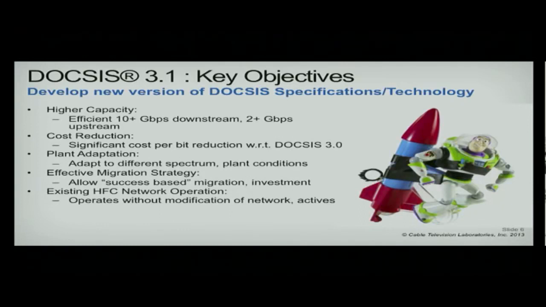Plant adaptation talks about different MSOs having different cable plants, different conditions. Some are cleaner, some are not so much, and you want to be able to adapt your technology to work on each of those plants. Migration strategy is more about deploying the new 3.1 bandwidth and services as and when you need them, right?